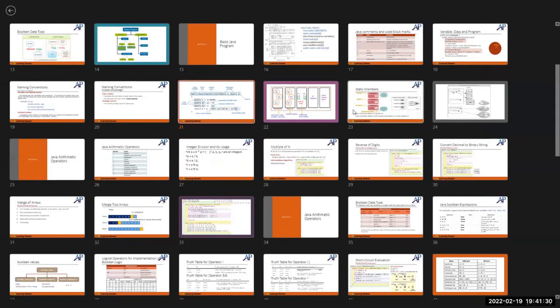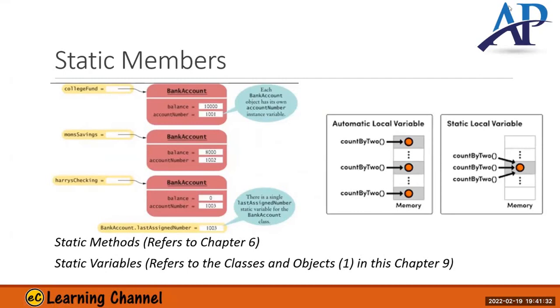So that's that. And we have some static variables and some non-static variables. Say here you have a bank account. A bank account's balance is per account, so every account has a different balance. That is an instance variable.